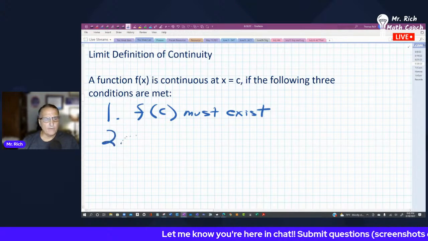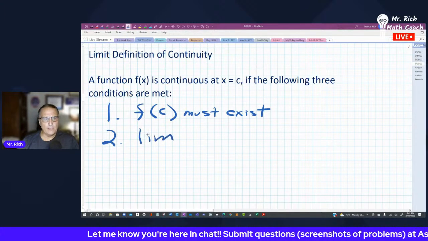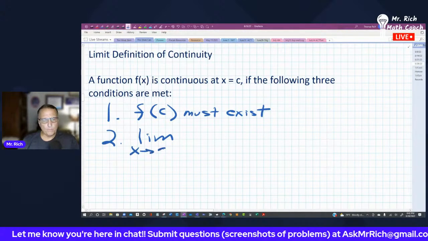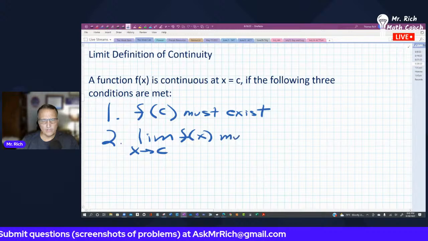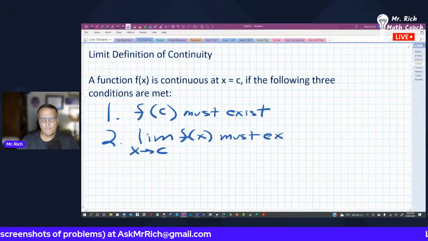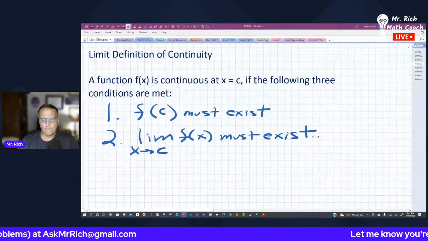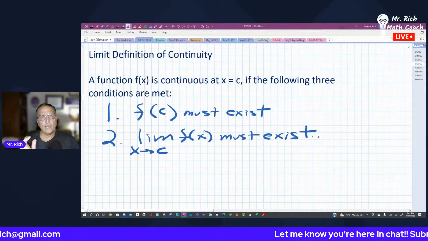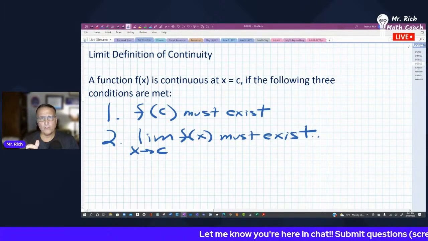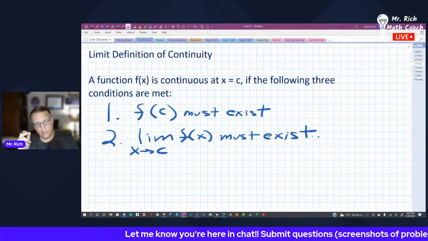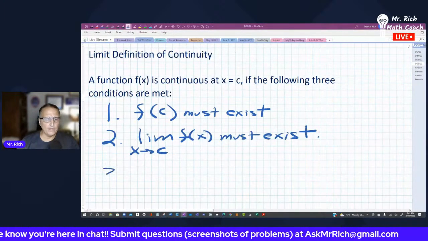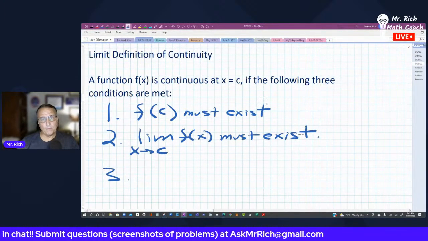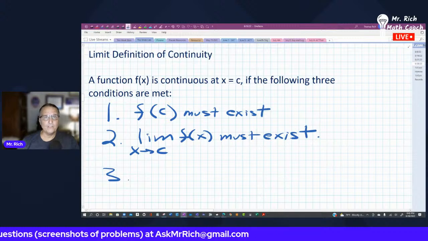The second requirement is that the limit as you approach c for that function must also exist. Now, we did have one case that we looked at where both the function existed and the limit existed, but it didn't meet the third criterion, and here's the third one. If they both exist, they both have to be equal to the same value.